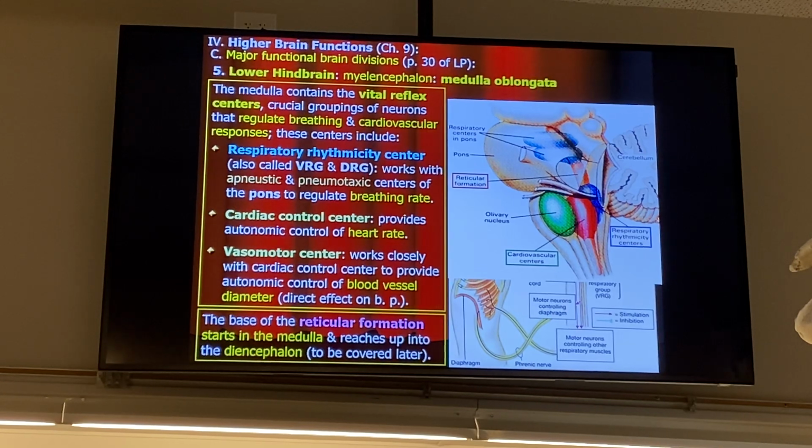Okay, we're going to be talking about some integrated systems. And the base of one is found in the medulla oblongata, the base of the reticular formation. So, I don't know. Read this. So here's the 5 vesicles.